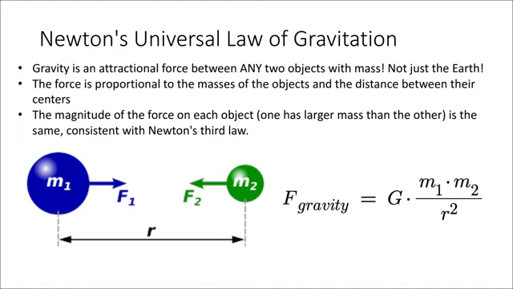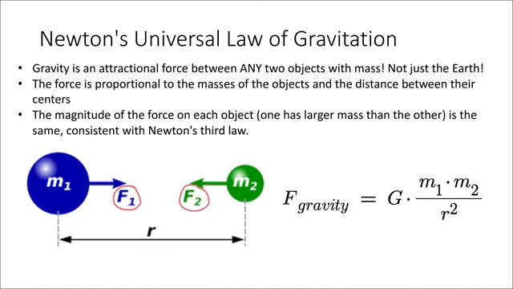And the forces that they each attract each other with, F1 and F2, are identical. Even though the mass of M1 is greater, they exert an equal force on each other. This is a product of a Newton's third law pair interaction. If M1 exerts a force on M2, it must be equal in magnitude and opposite in direction to the force that M2 exerts on M1.